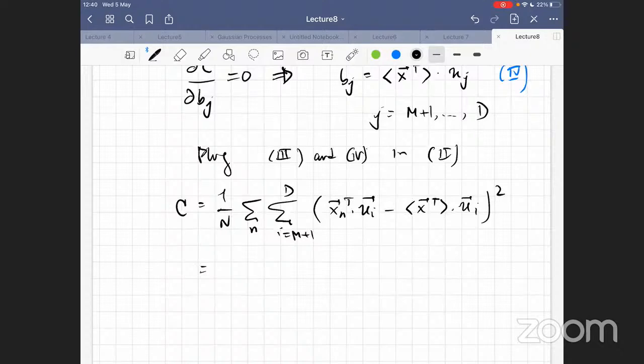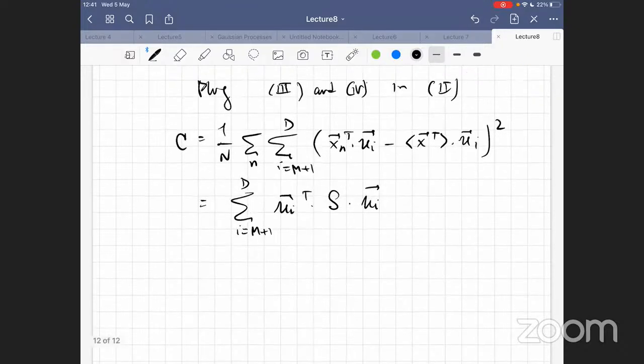And by manipulating this even more, what I found at the end of the day is the following. This is just the sum from i equals M plus 1 to D of ui transpose times the covariance matrix, whose expression I am giving now. The covariance matrix here is just 1 over n, sum over n of xn minus the mean of x, times the same thing transposed.